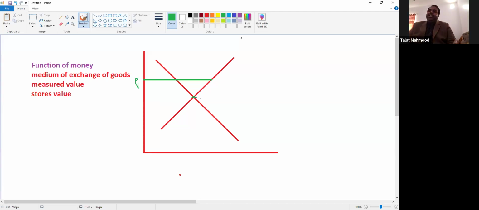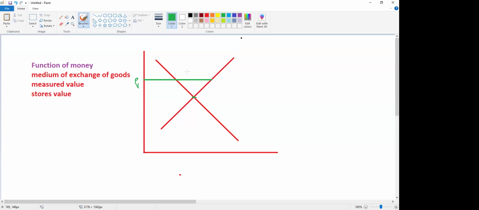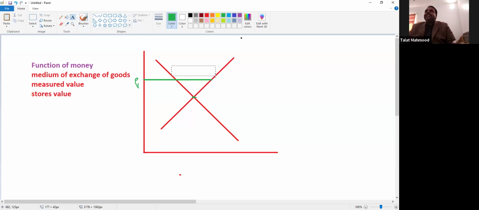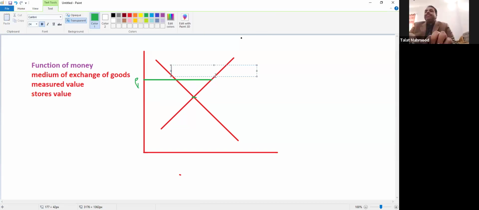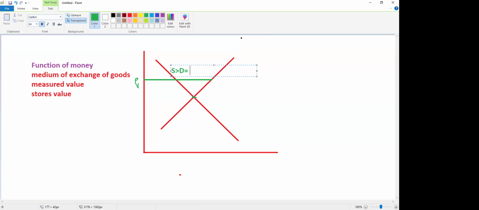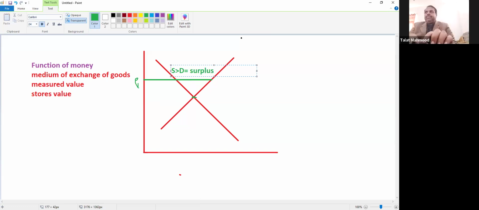Demand and supply meet over here. What's the original price? Yes, so it is excessive supply. Supply is greater than demand, so it is a surplus. Surplus or excessive supply.